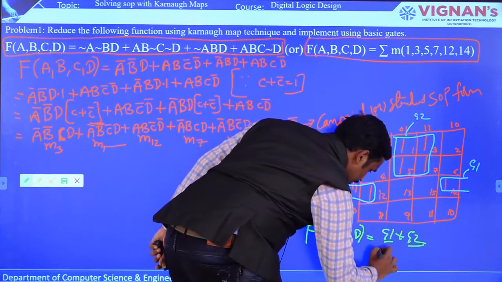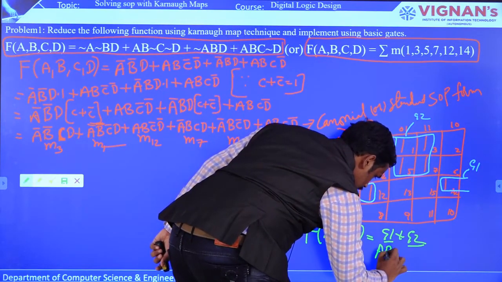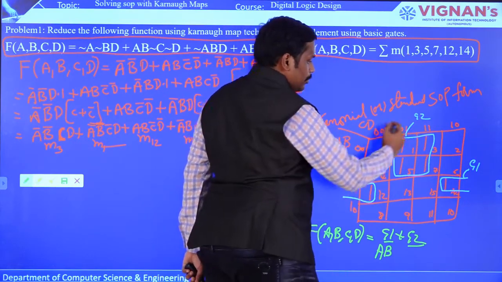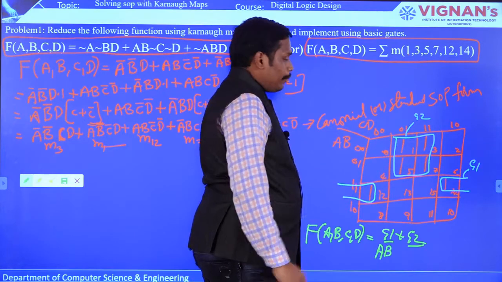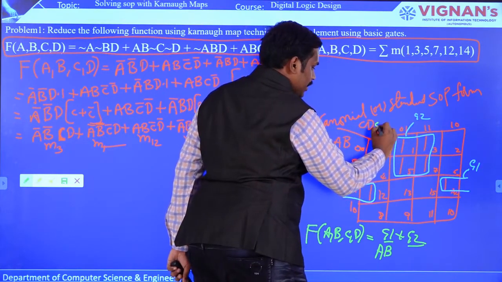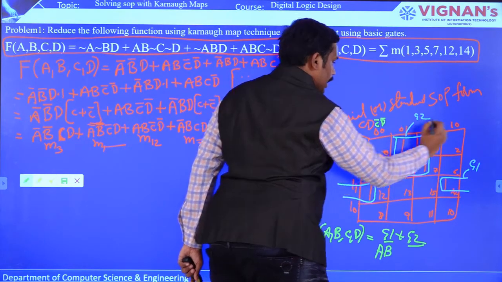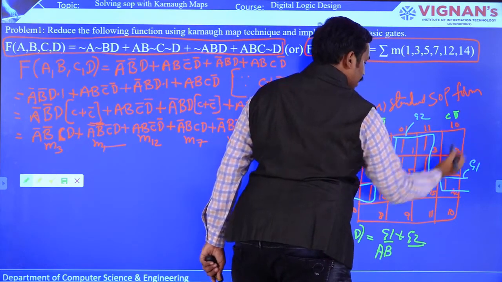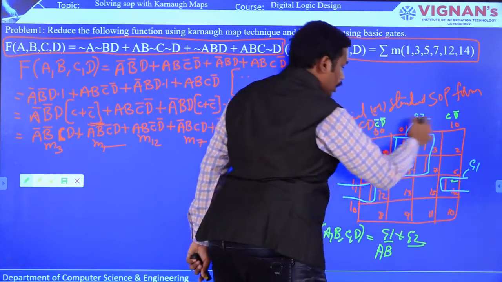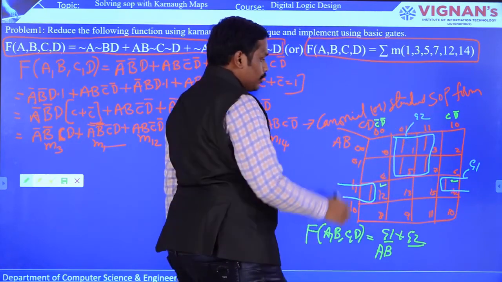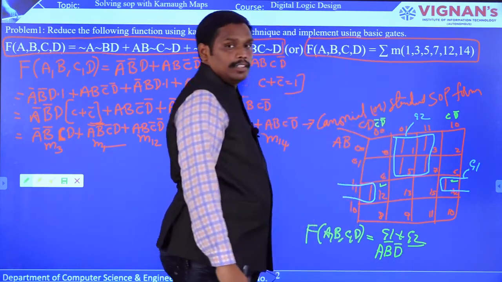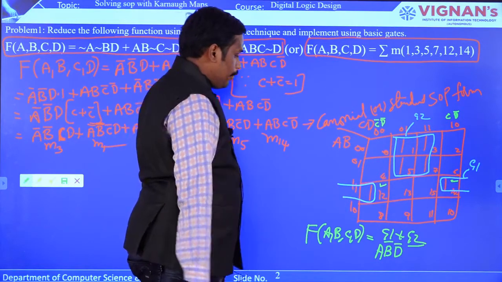So we'll write it as AB, and column wise there is only one particular literal that is common, that is D bar, right? Because this is represented by C bar D bar, and this is represented by C D bar, and now these two columns are compared, and based on that we get D bar. So that is the expression that we derived for group 1.